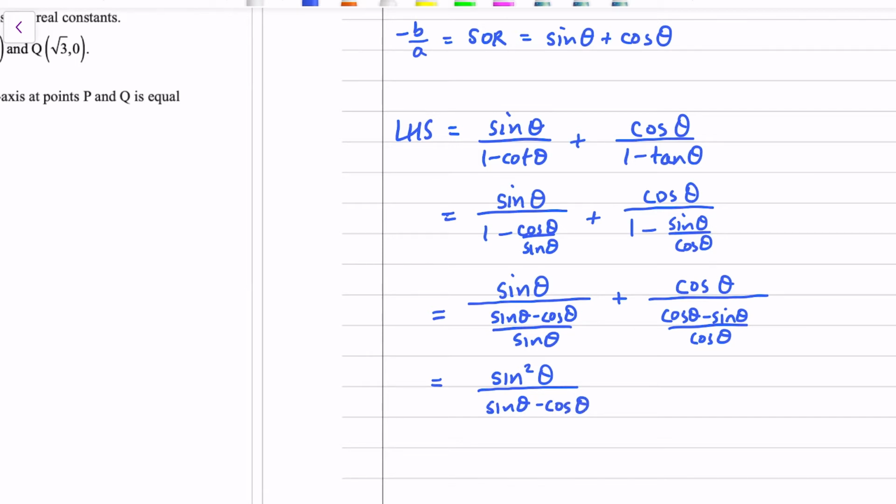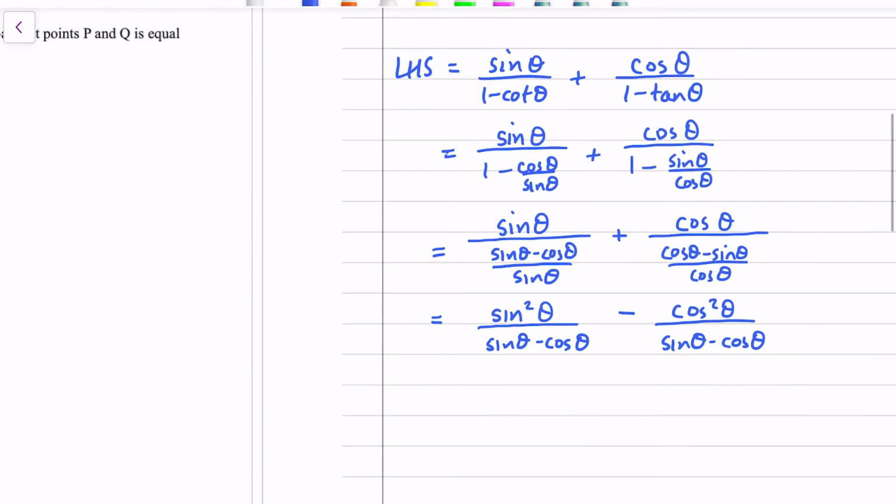Now for this other one, the denominator would be cos minus sine. If I want to switch it round to make it sine minus cosine, I'll just make this a minus. And the reason I've switched it round is so that I can make the denominators the same, and therefore I can put these fractions together.